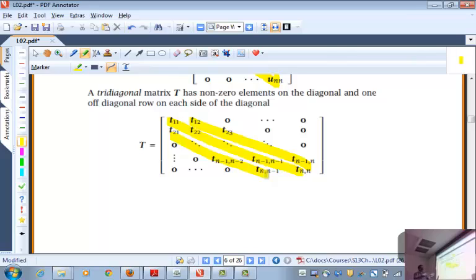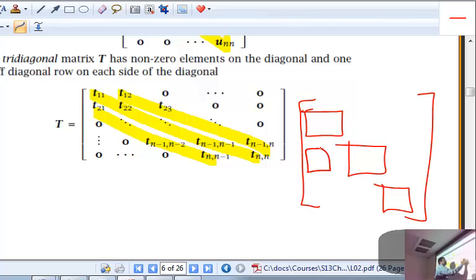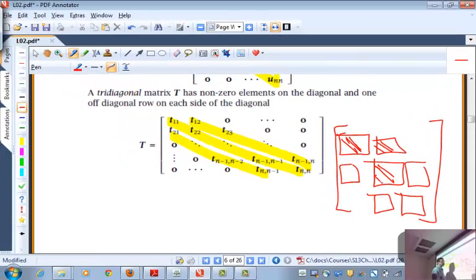So this is a matrix that consists of blocks, something like this, and in each one you will have a tridiagonal structure. Okay, so that would be called a block tridiagonal structure, and you can again develop specialized algorithms.